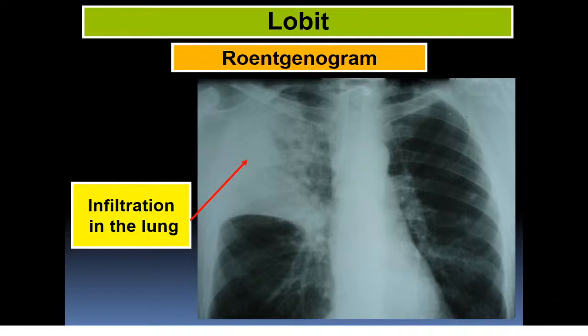On this X-ray, we can see affection of the upper lobe of the right lung with a regular lower contour. The lower border is regular. This is the localization of the horizontal fissure, and this fissure limits the upper lobe.